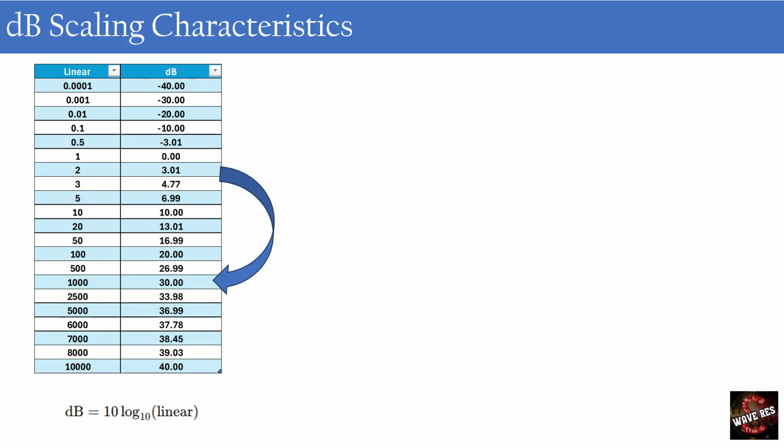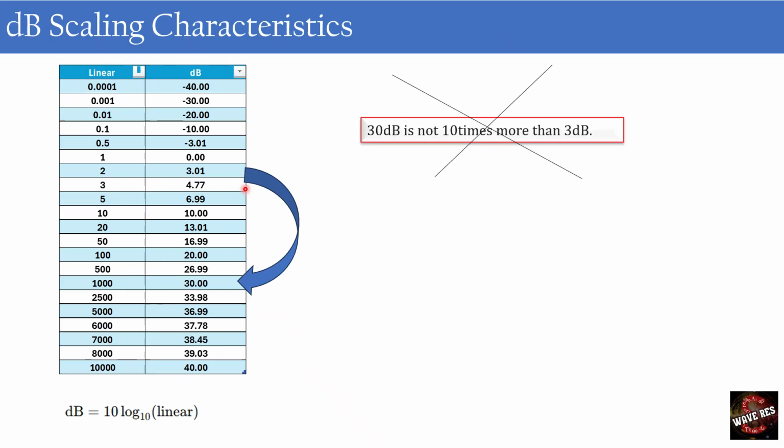Next, we can analyze another characteristic. This is one of the most misinterpreted things. Here we are going to consider two values, 3 and 30 dB. We won't be able to say that 30 dB is 10 times more than 3 dB. It is not possible to have a direct comparison like 10 times in dB scaling.